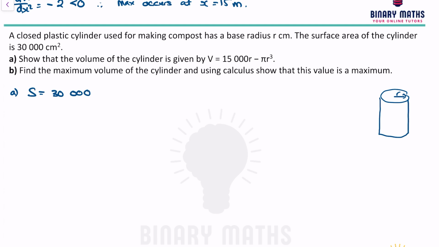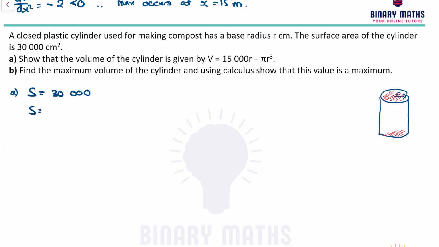Okay, and part A says show that the volume of the cylinder is given by this formula. So I'm trying to get to that. We also know the surface area in a cylinder is going to be the two circular parts, so the top and the bottom, remember there's a bottom here.